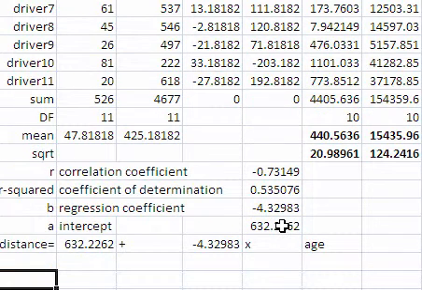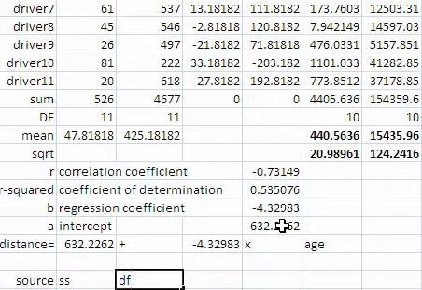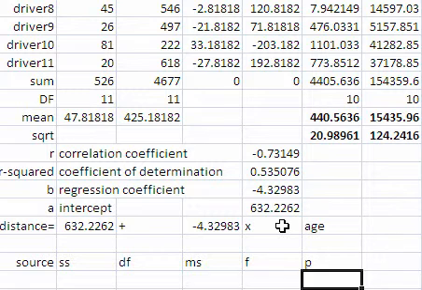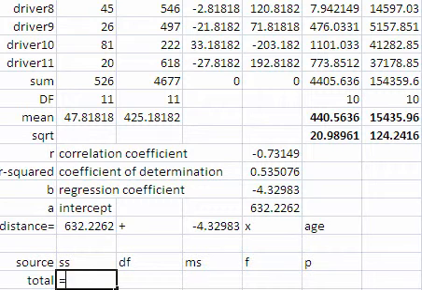We now set up the sum of squares accounting, compute the F statistic and the p-value. So source, sum of squares, degrees of freedom, mean squares, F and P. The total sum of squares is the sum of squares of y.